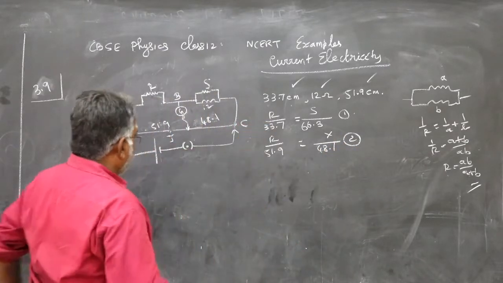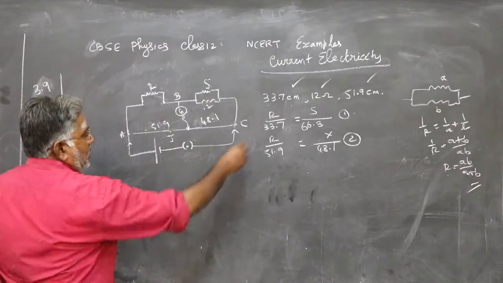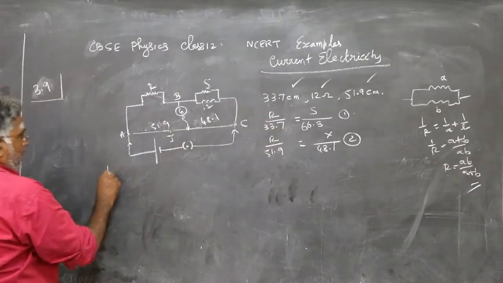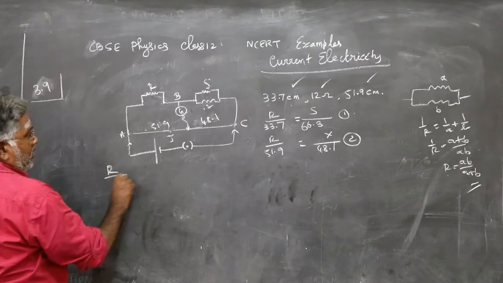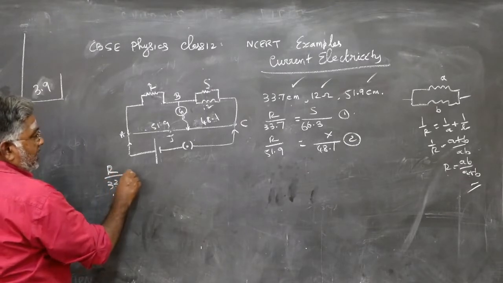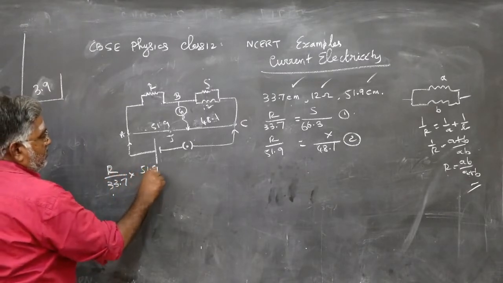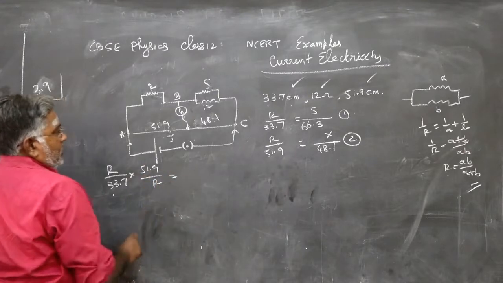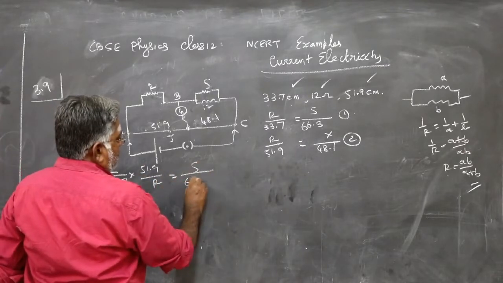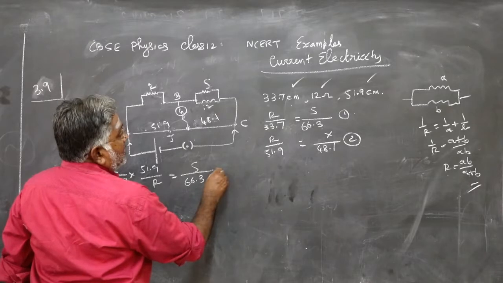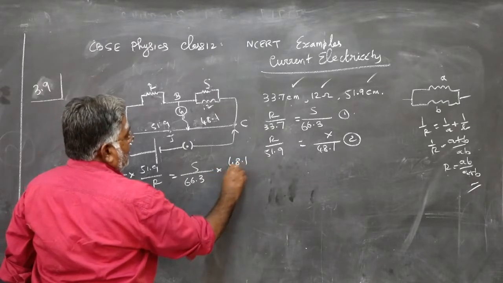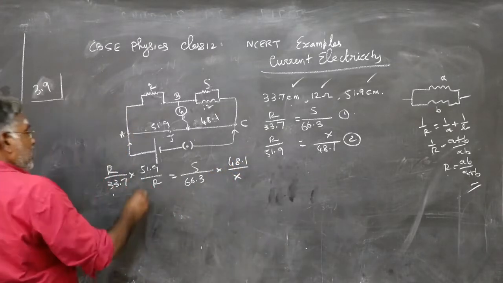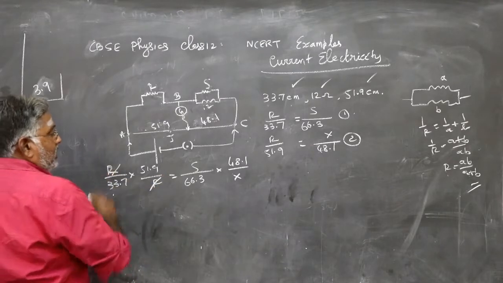Dividing 1 by 2, what will happen? R by 33.7 into 51.9 by R is equal to S by 66.3 into 48.1 by X. R and R will cancel.